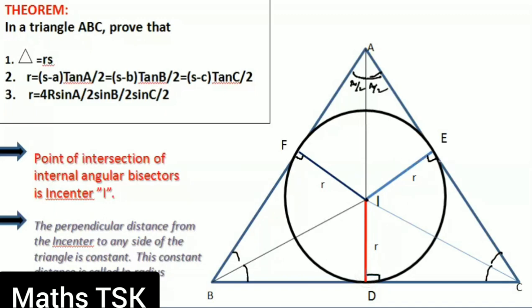So ID is equal to IE is equal to IF is equal to r. This constant distance is denoted by r. With this r, if you draw a circle, it touches all the sides of the triangle internally, so we call it the incircle. These are the definitions we know from earlier classes.